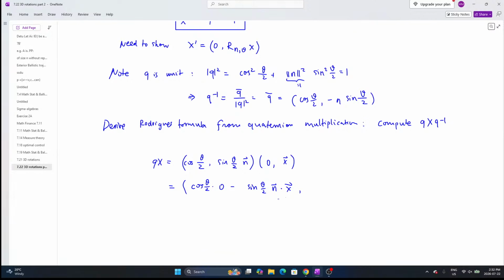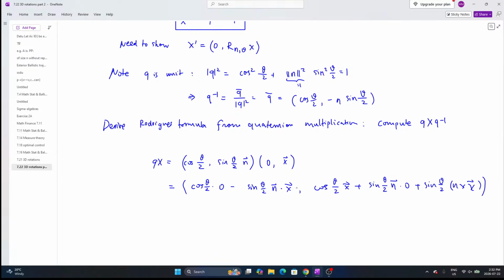And the vector part would be cosine half theta times x plus sine half theta n times 0, and finally you've got a cross product, so you get sine half theta times n cross x.